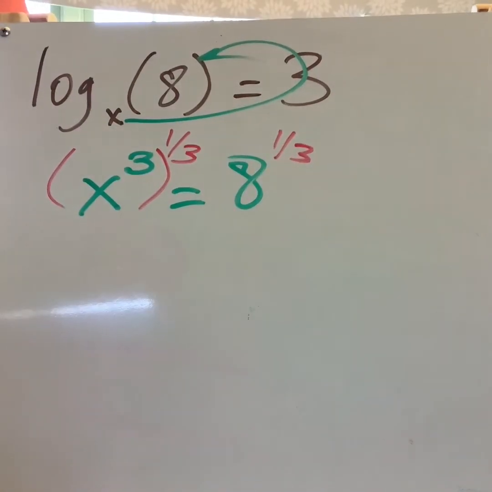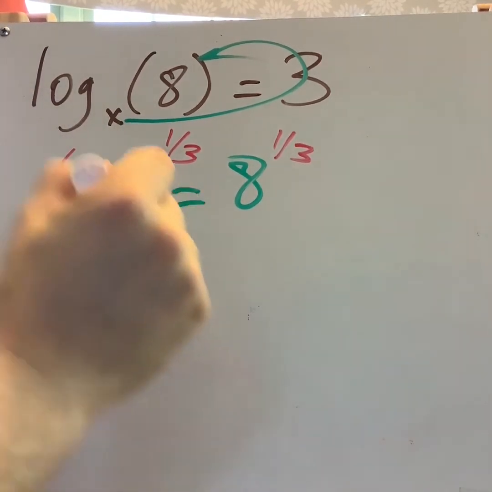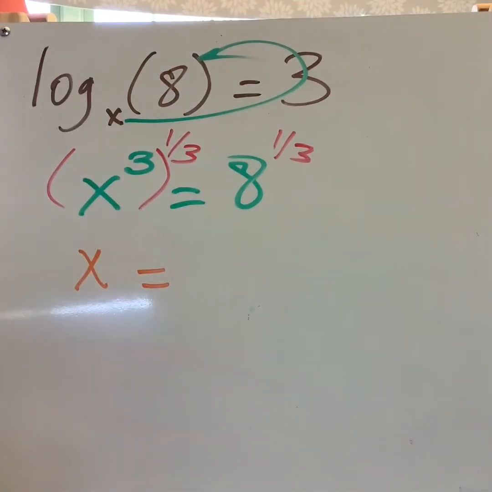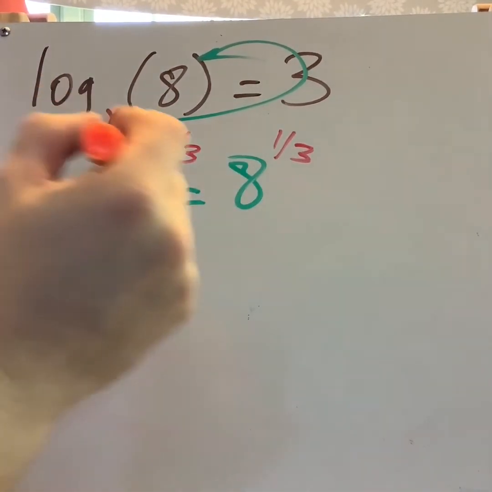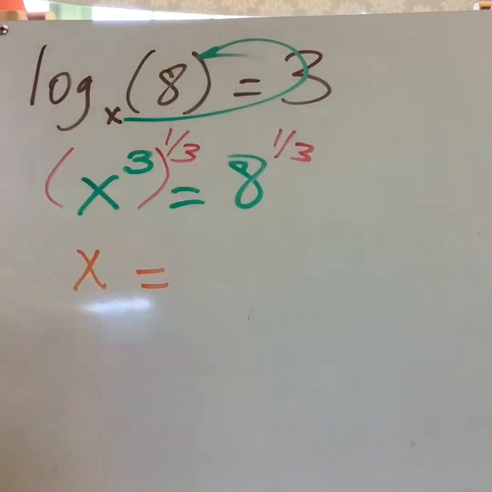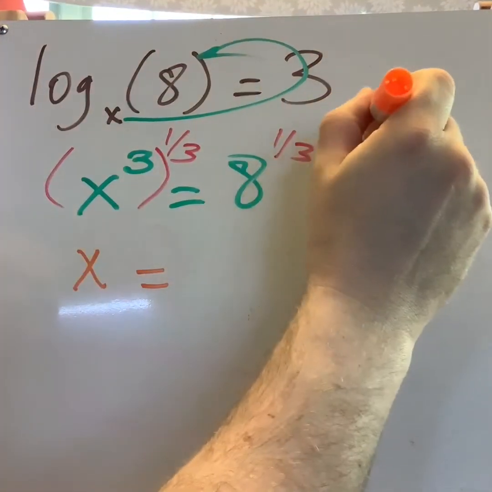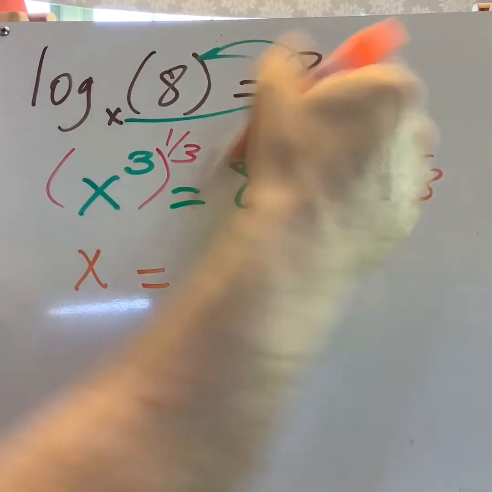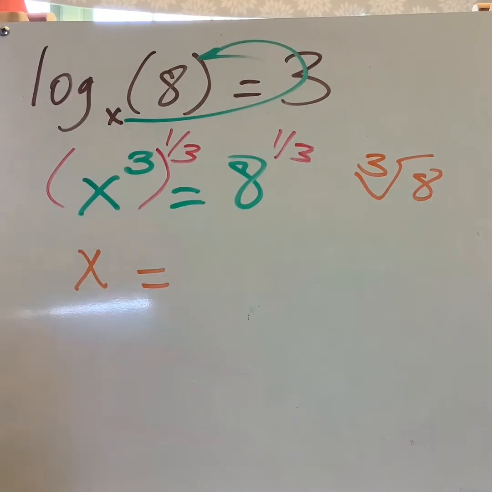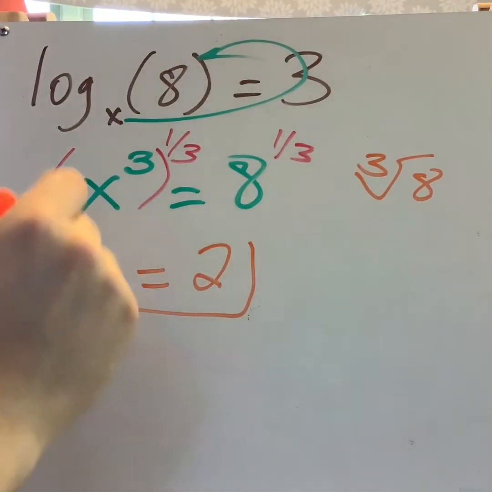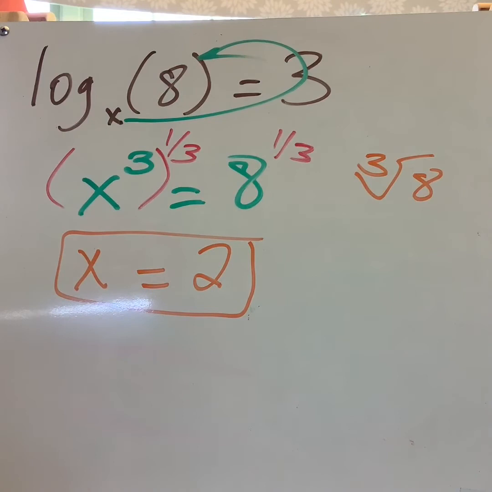What that's going to do is completely wipe out our exponents on the left-hand side because 3 times a third is 1, and we just get x is equal to 8 to the power of 1/3. Well, that just means what's the cube root of 8? That's what 8 to the 1/3 means. And 2 is the cube root of 8. And that's why x equals 2.